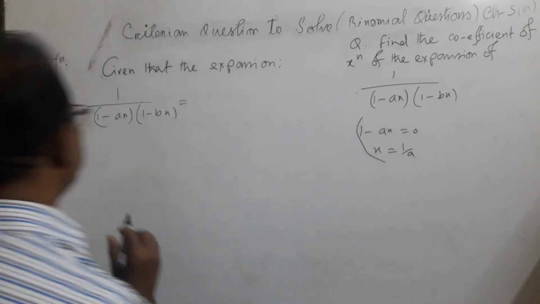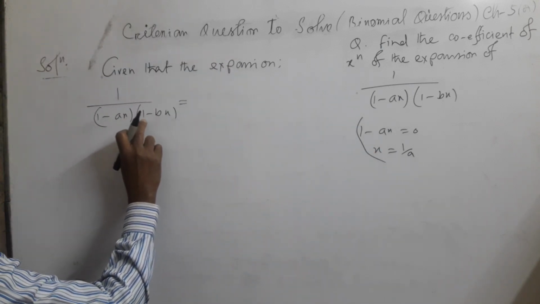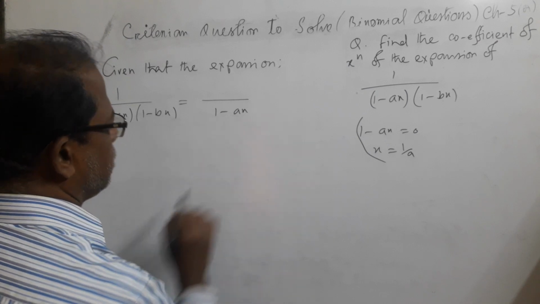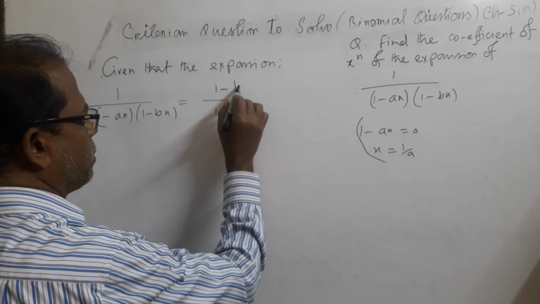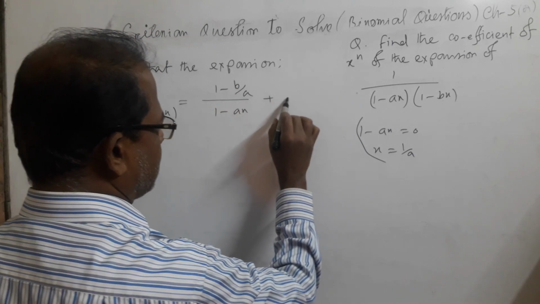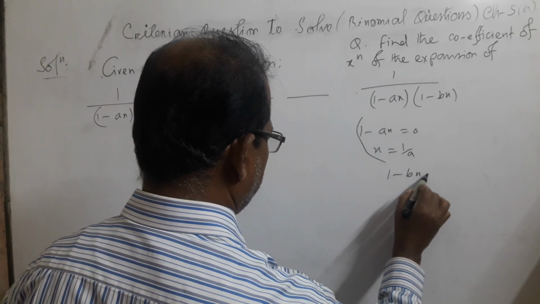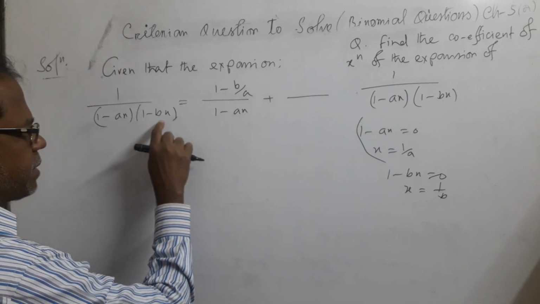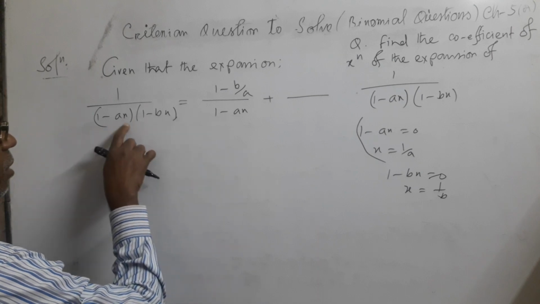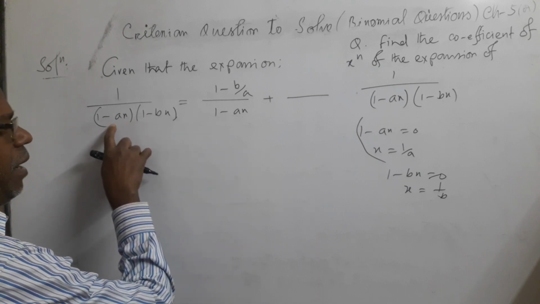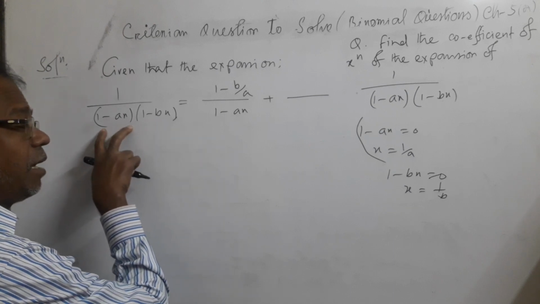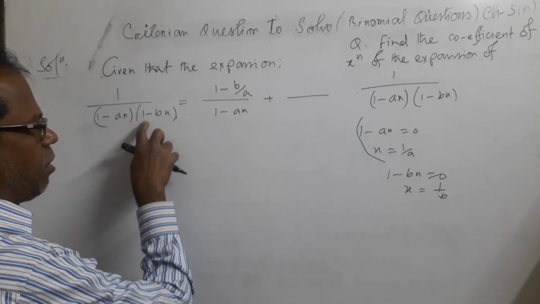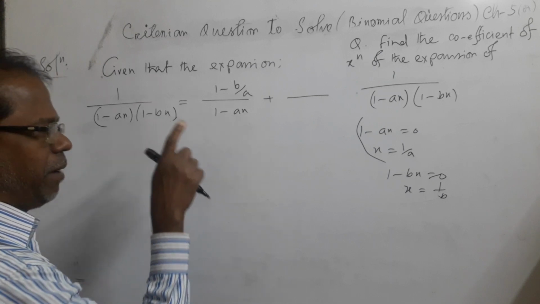And 1 minus bx equal to 0, then x equal to 1 by b.